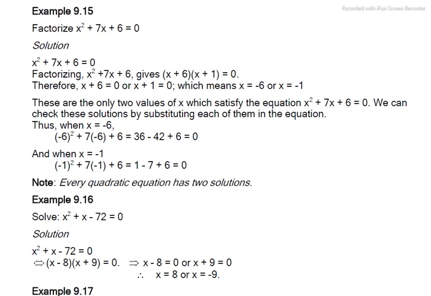Let's look at example 9.16, which says solve x squared plus x minus 72 equals 0.